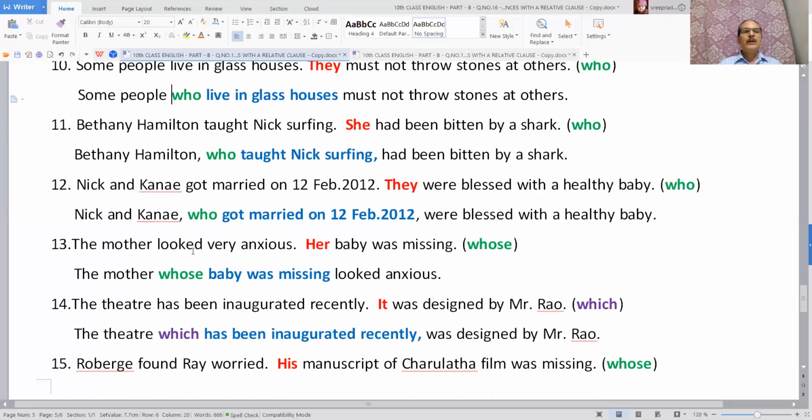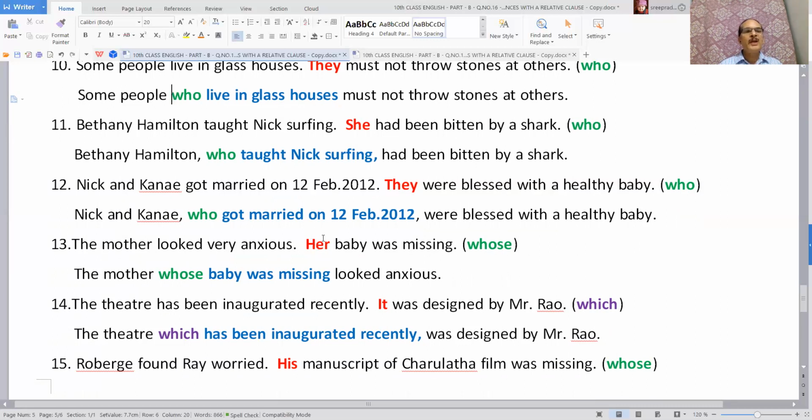The mother looked very anxious. Which mother? We don't know. So we have to define who that mother is. Which mother looked very anxious? To define that subject, we have to add a defining relative clause. And moreover here, her baby, a possessive pronoun is given here.